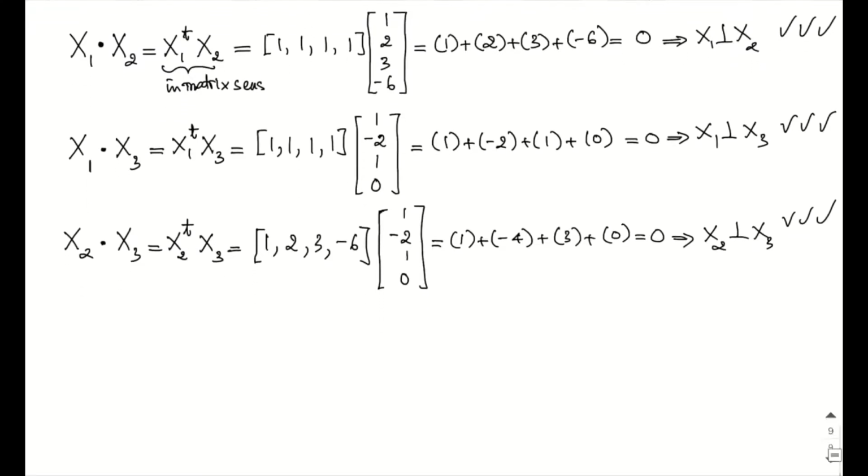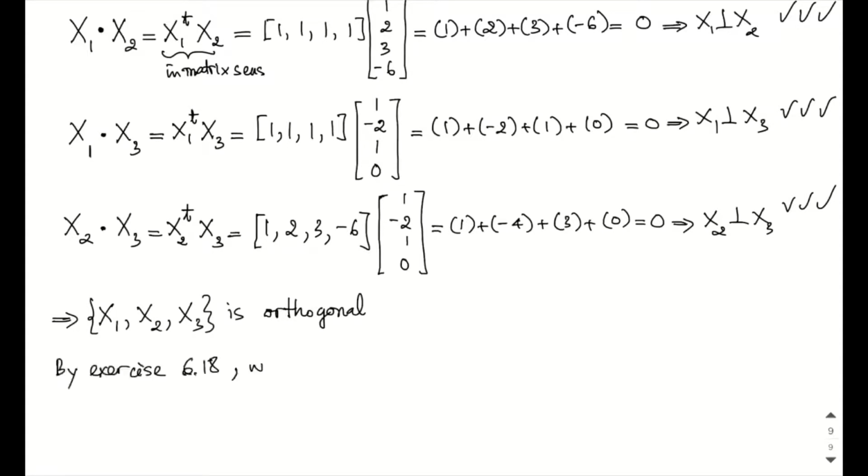Similarly, all right. So this implies that the set here is orthogonal. By exercise 6.18, being orthogonal implies that the set is going to be independent.